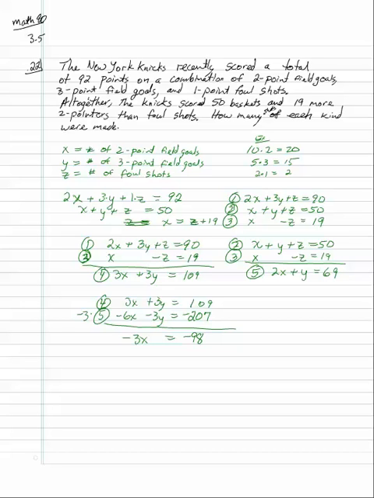Okay, so equation 1 is 2x plus 3y plus z equals 92. So again, we've got to be careful. This should be 111. I knew I was having trouble because I knew the answer should have been a nice even number.